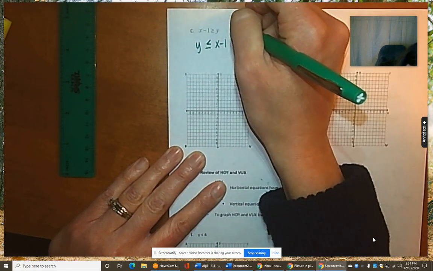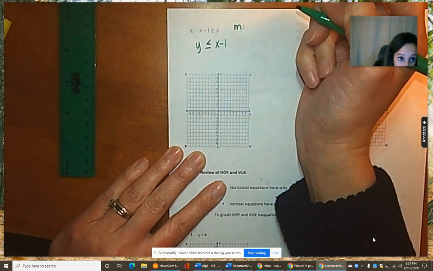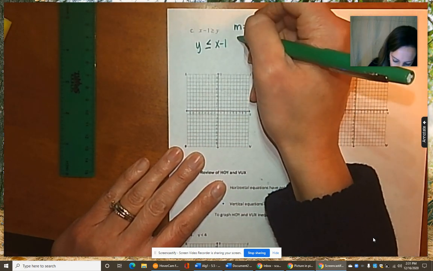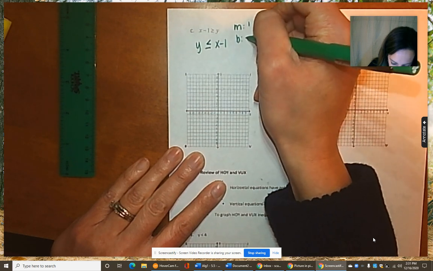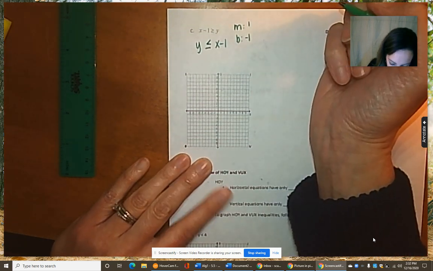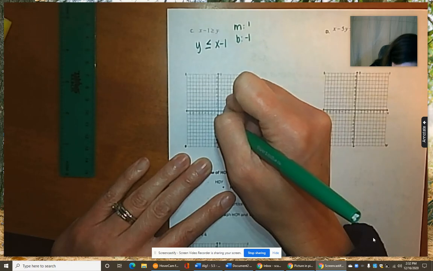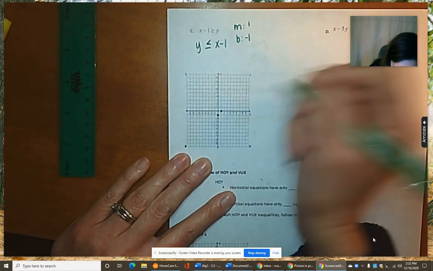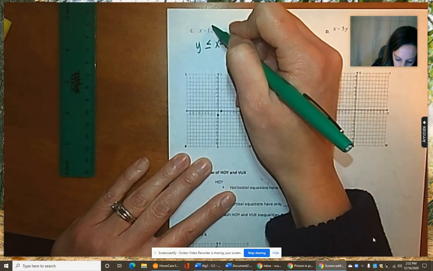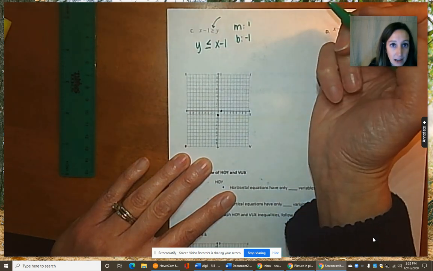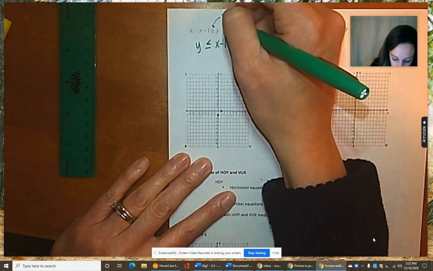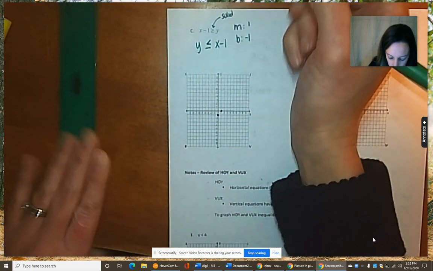Right? So then my m, what's my m here? 1. What's my b? -1. So when I graph this, -1, and then my slope up 1 over 1, is it going to be dotted or solid? It's going to be solid here because it's equal to.